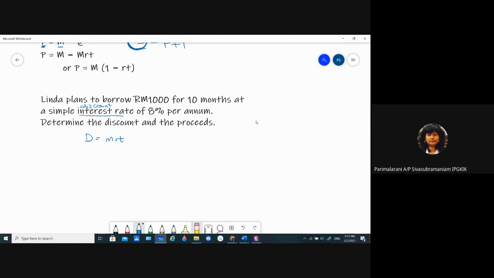So what is our M here? M is 1,000 ringgit. R is 8 over 100. T is 10 months, so T is actually 10 over 12. Now we can calculate our D. This is 1,000 times 6 over 100 times 10 over 12.